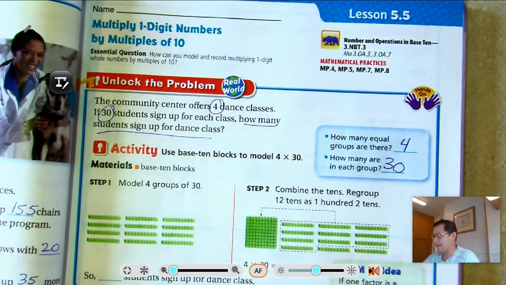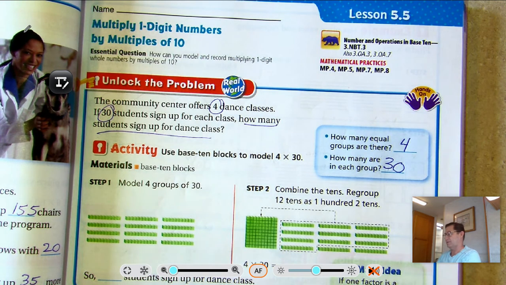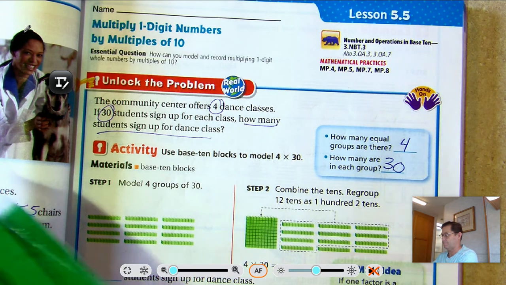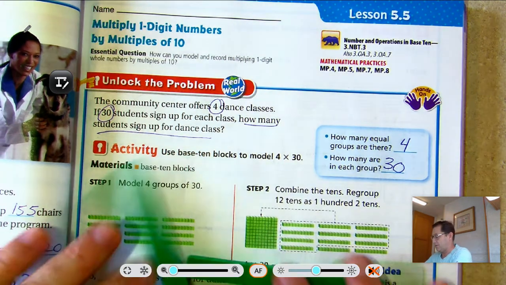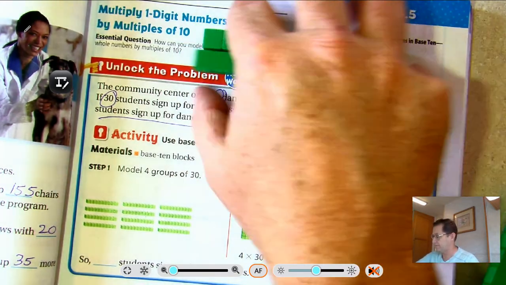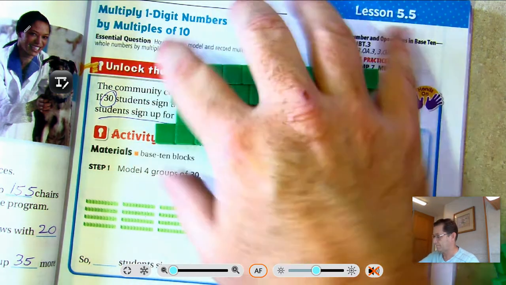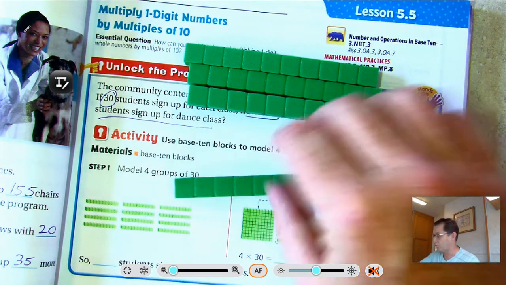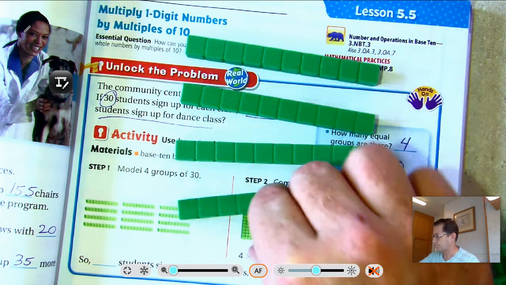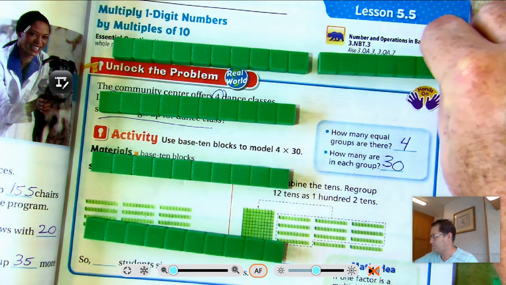So we can use base 10 blocks to model 4 times 30. Okay? And so it's showing us that they have 4 groups of 30. Okay, 1, 2.